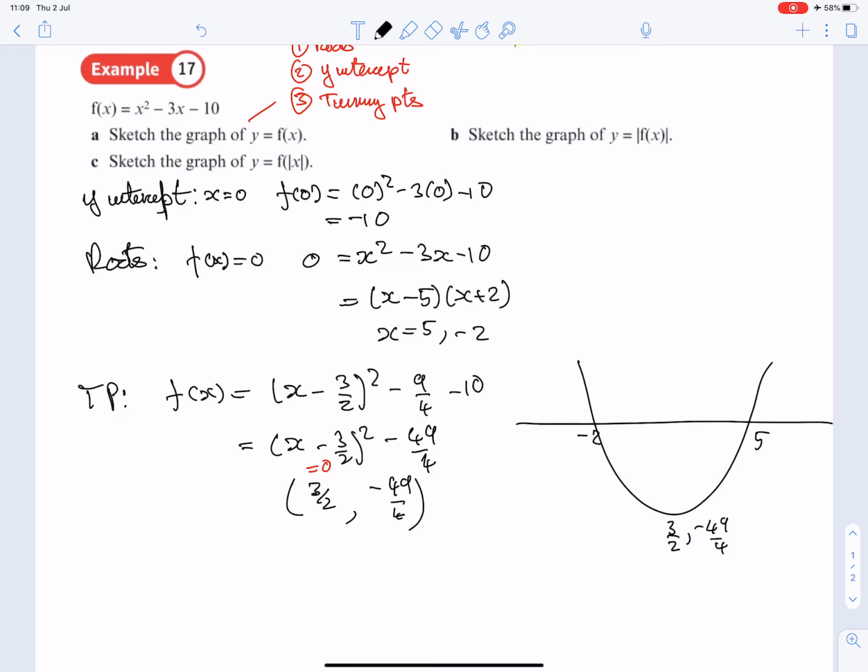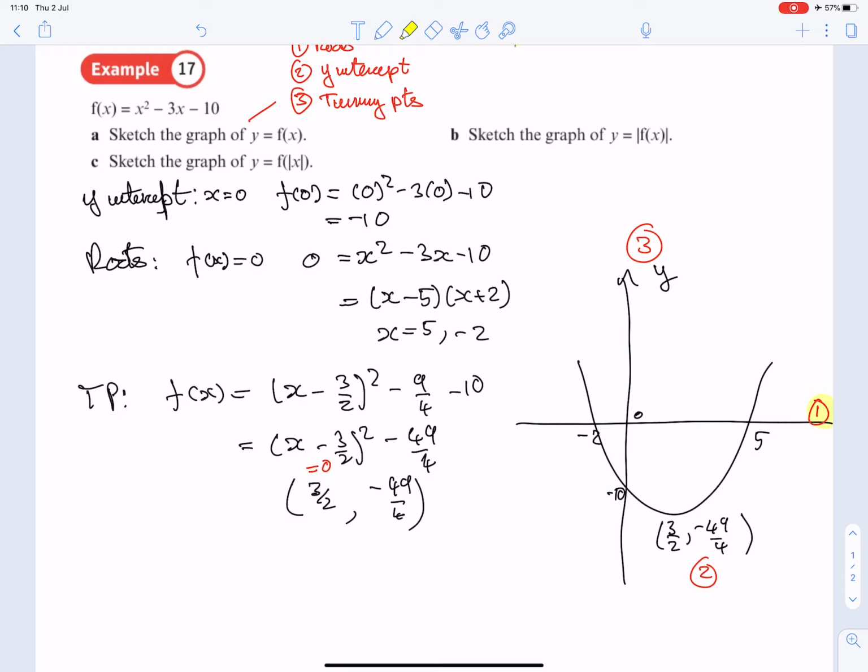I know my y-axis must go in between the minus 2 and the 3/2, and I know that the y-intercept is negative 10. So let's just label that up. 1 was draw the curve and put on the x-axis. 2 was label the turning point, and 3 was our y-axis and y-intercept.